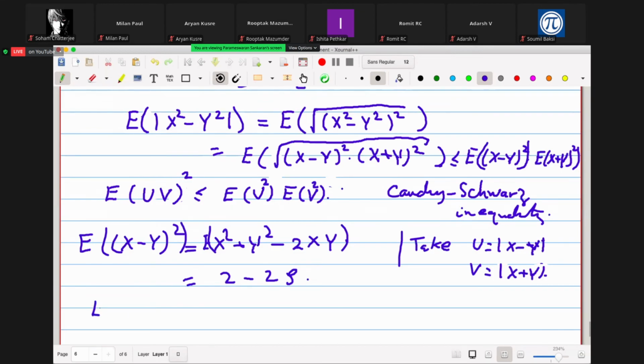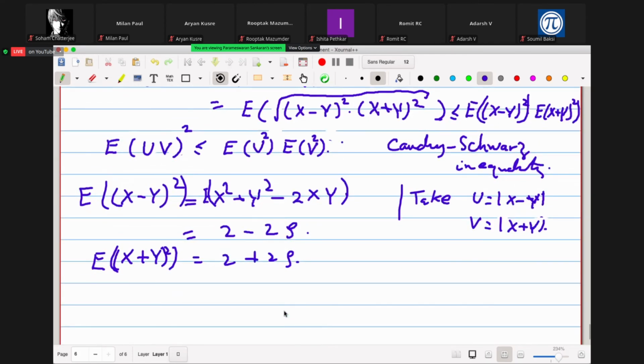Similarly, E of (x plus y) whole square is equal to 2 plus 2 rho. Therefore I must take the product, and there's also a square root outside. I should not forget, because this quantity here, its square is outside.